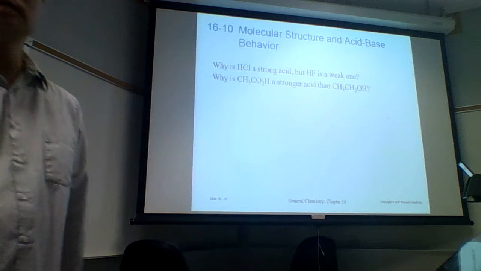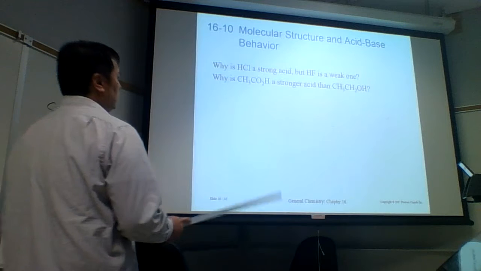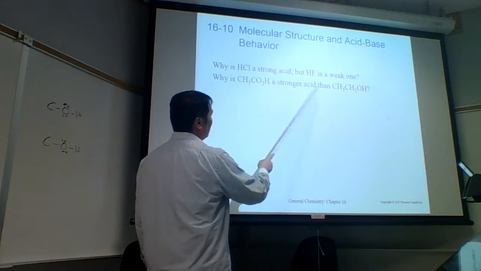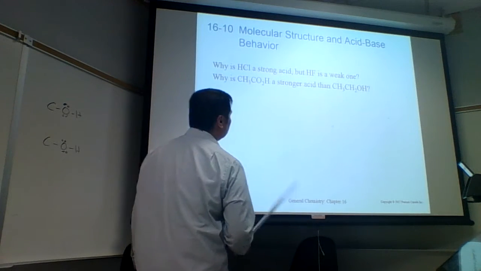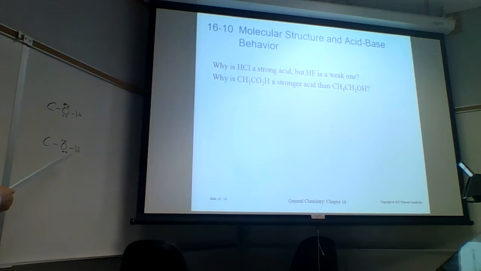Then we have to look at other factors, because the hydrogen-oxygen bond being the same energy, we factor that out. And so we could look at polarity. The polarity looks the same, doesn't it? The electronegativities. But is it the same? No. It's different.